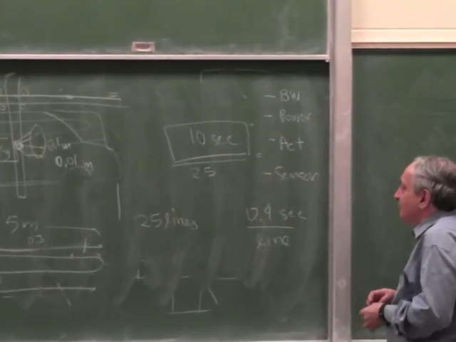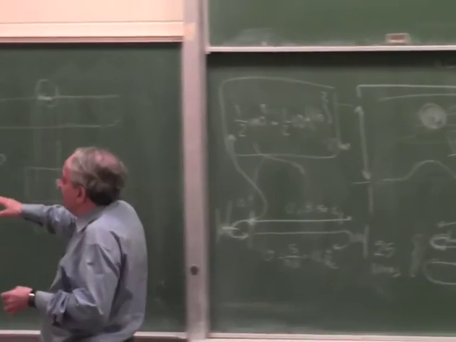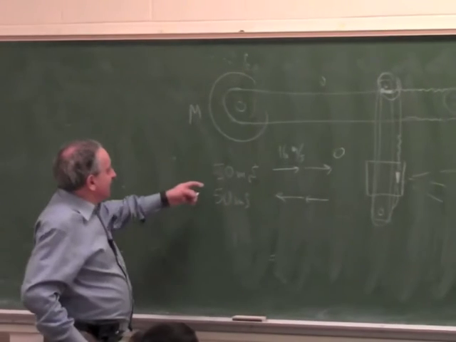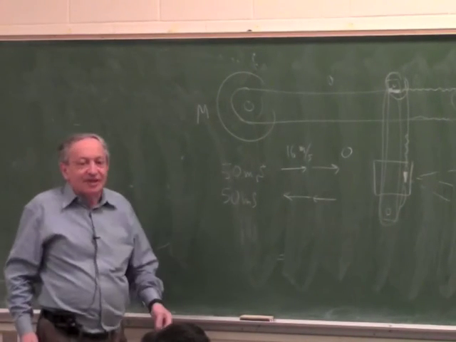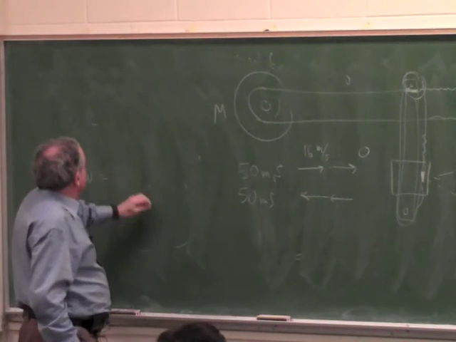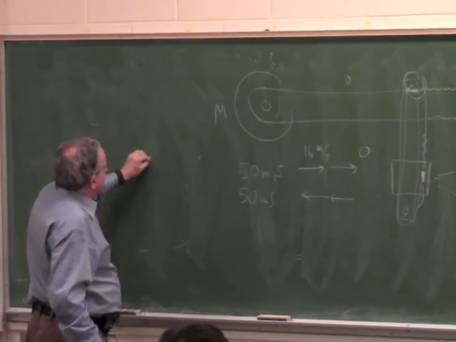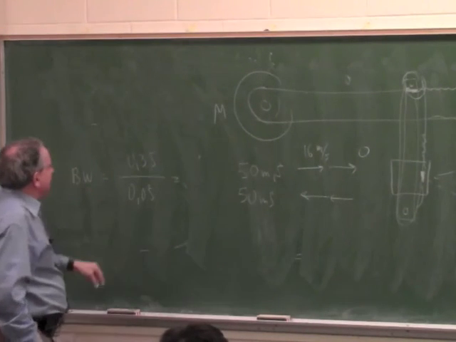You have the bandwidth. The bandwidth is derived from Z. Okay? Because you have a rise time. You have roughly a rise time and a fall time of 50 milliseconds. So the bandwidth is roughly 0.35 divided by 0.05, which is 50 milliseconds. Okay?